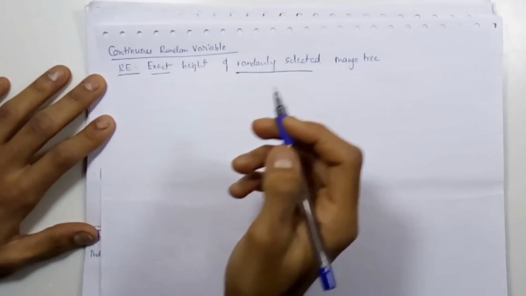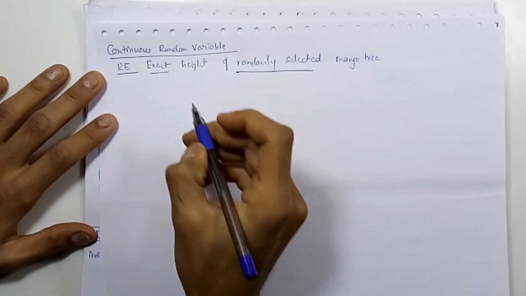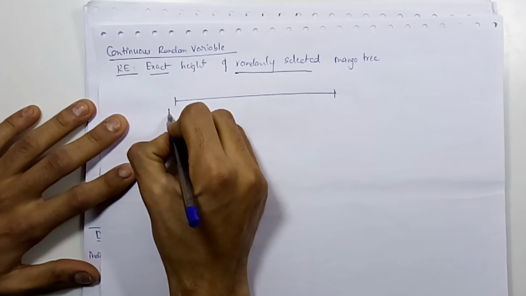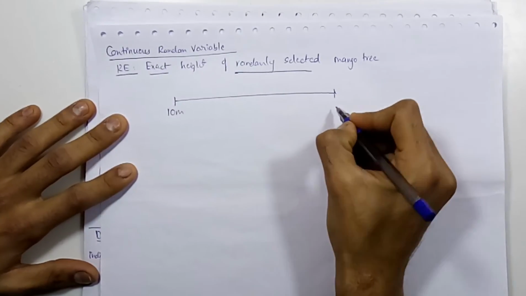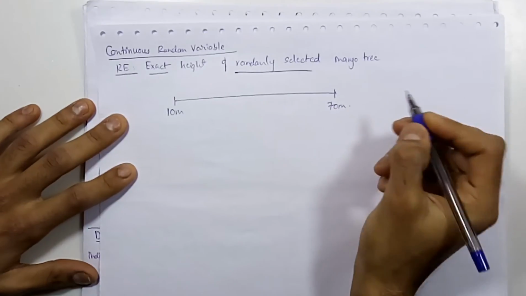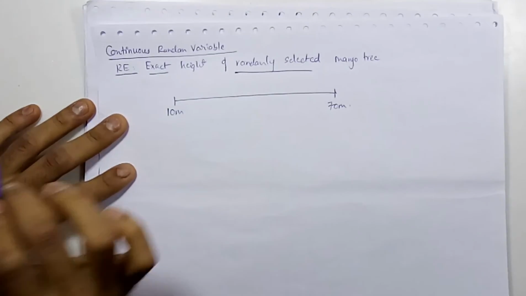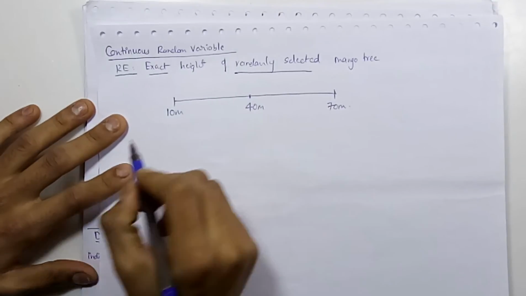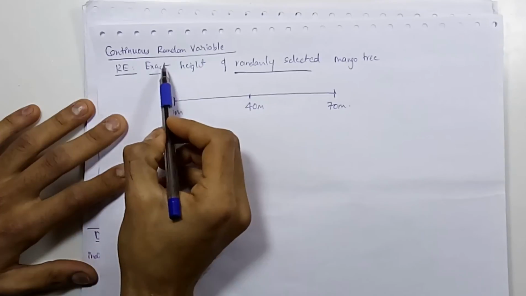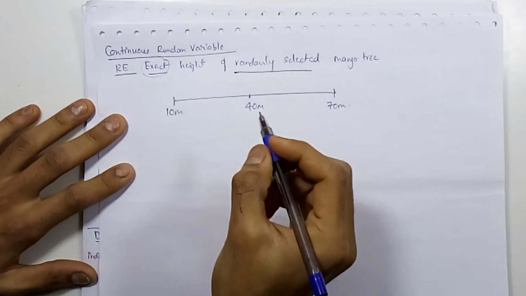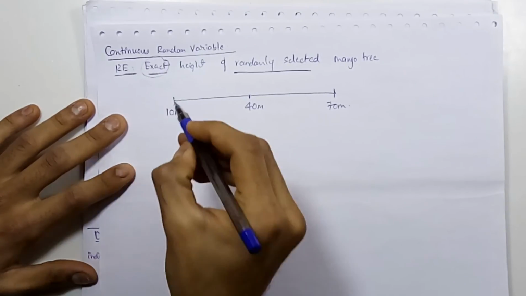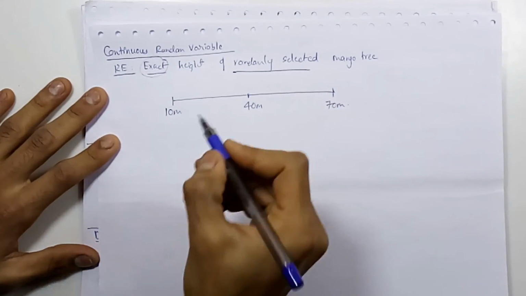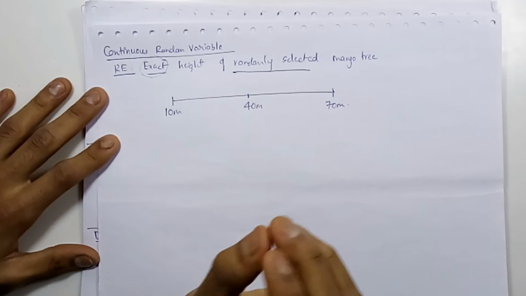The height of a mango tree could vary, let's say, all the way from 10 meters to a really tall mango tree of, let's say, 70 meters. We randomly select a mango tree, and let's say its height is 40 meters. Since we need to find the exact height, it's impossible to find it, because when you select a tree at random, it's going to exist within a particular range of values.